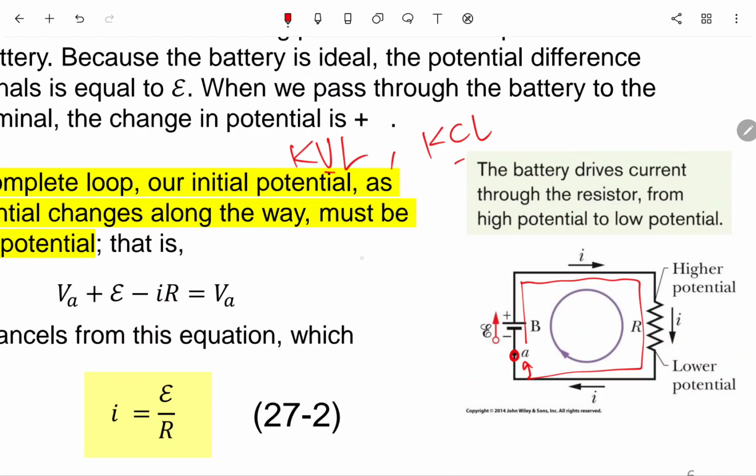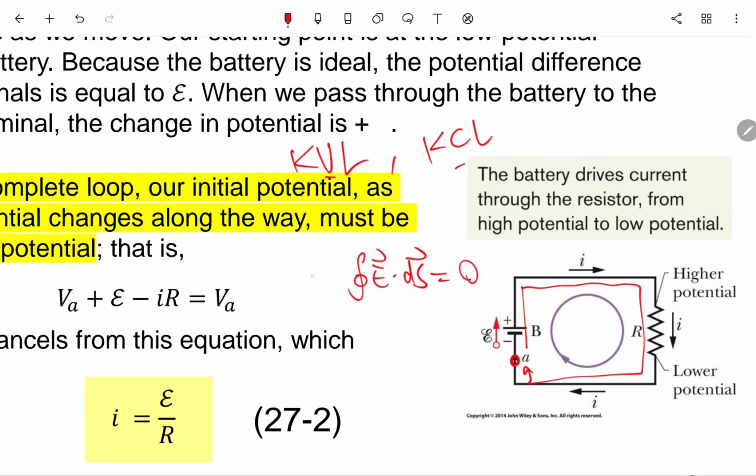If we have the integration of E dot ds for a whole loop, this should be 0, and V equals negative this line integral. Here we start from this point. Let's call the potential at this point V_A, and then we go in this direction, going up.